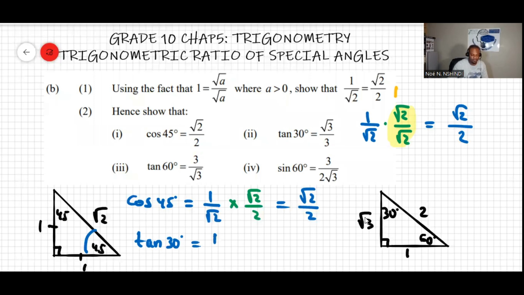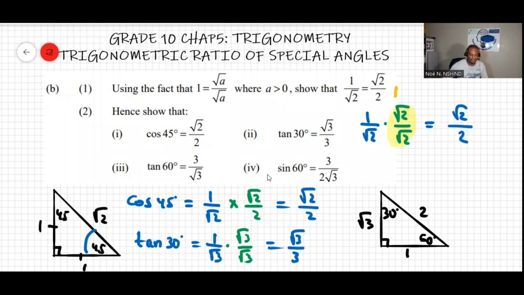So it's going to be 1 over root 3, and then we rationalize this by multiplying by root 3 over root 3, and then this will be root 3 over 3.